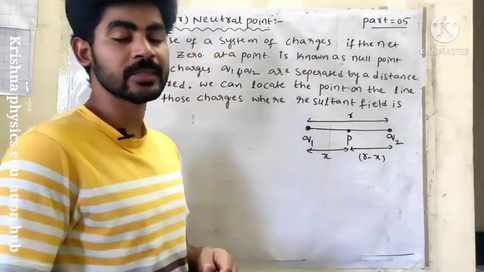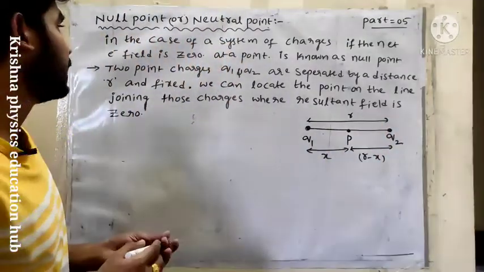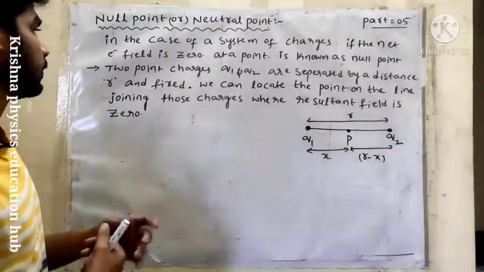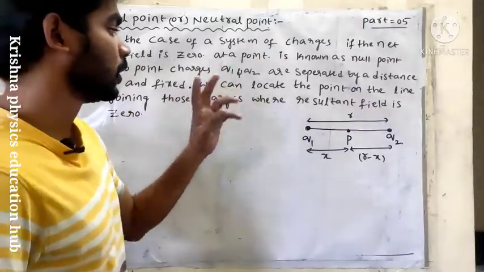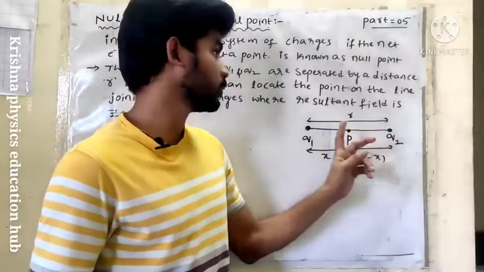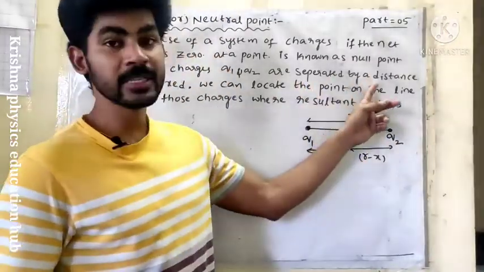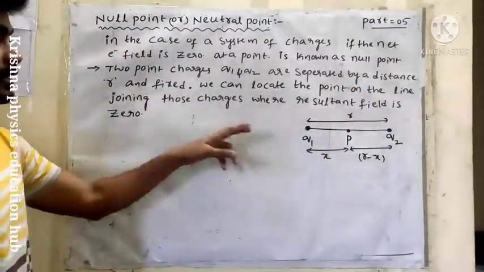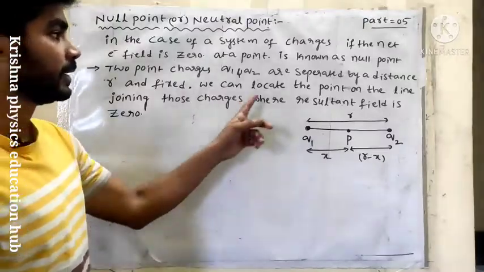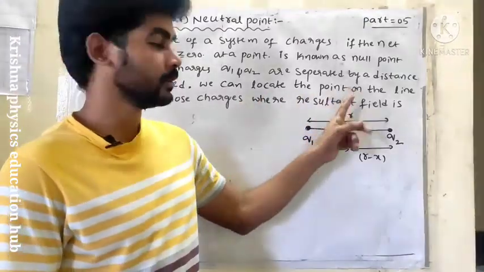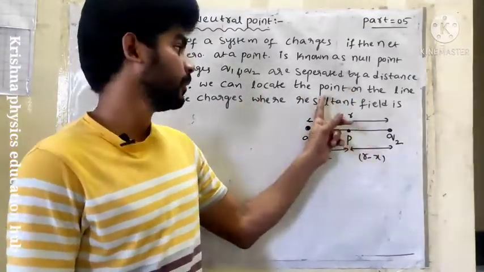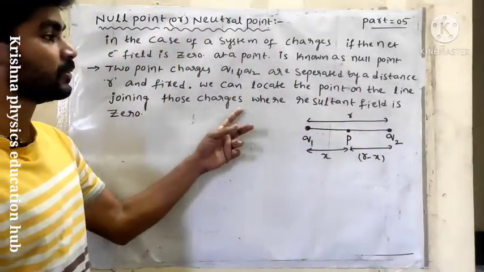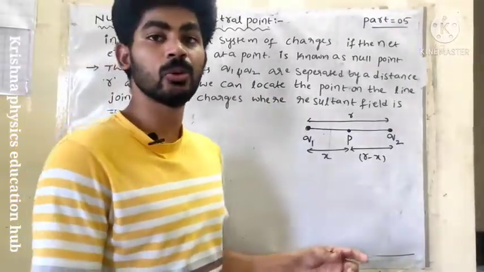First we are discussing the meaning of neutral point and null point. Two point charges q1 and q2 are separated by a small fixed distance r. We can locate a point on the line joining those charges where the resultant field is 0.